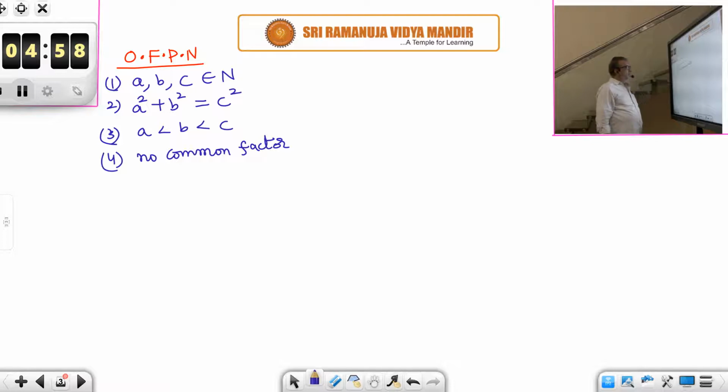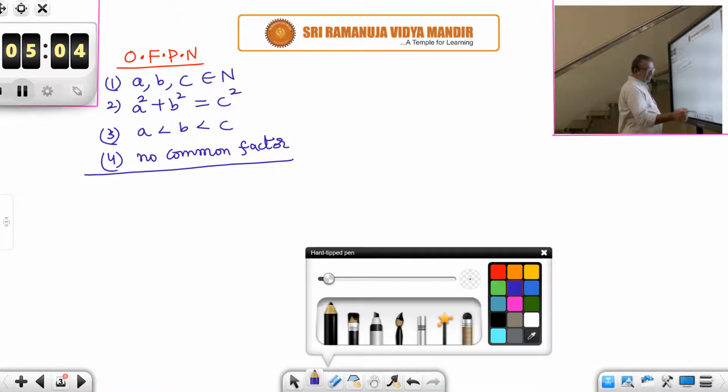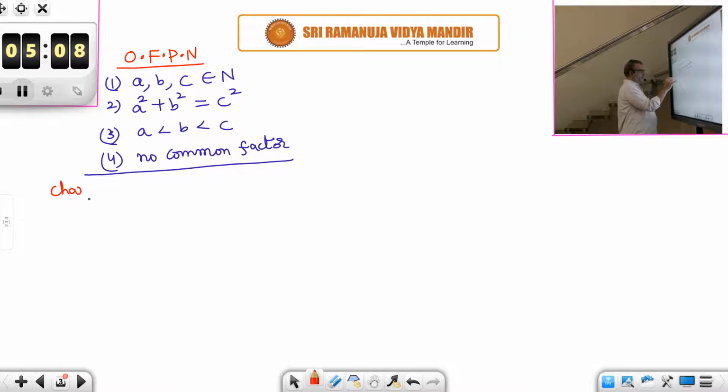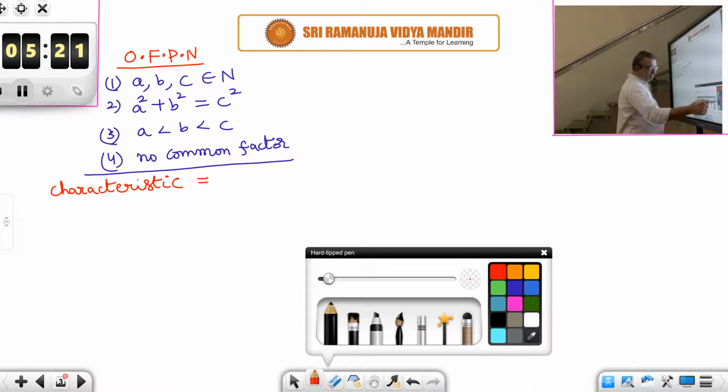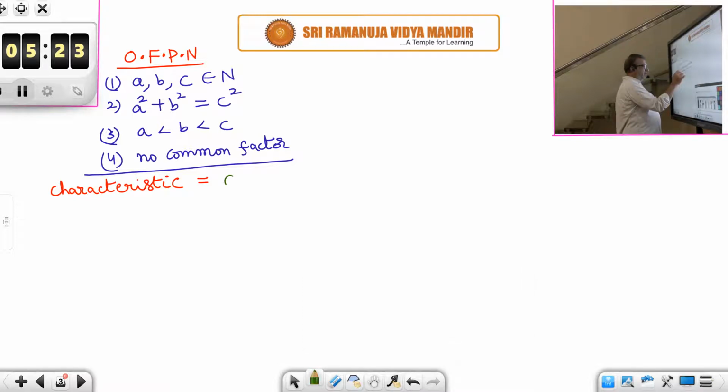And one more definition of characteristic: characteristic of the OFPN is defined as C minus B. That is called characteristic.